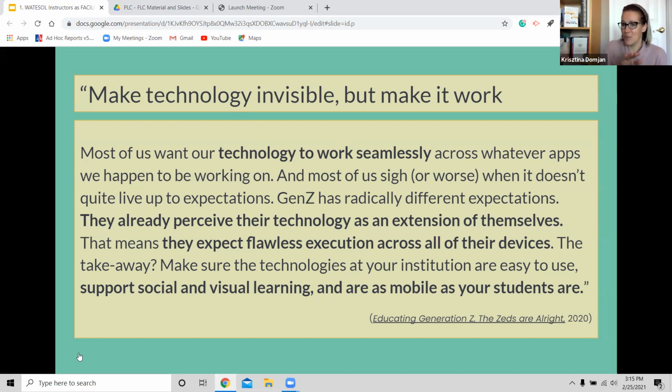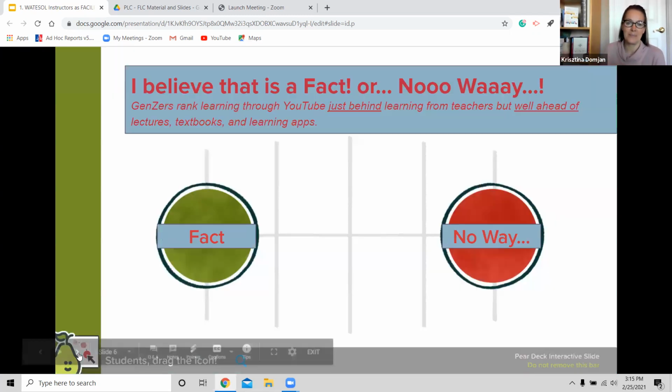And this is exactly what the research found as well. So they definitely are ready to learn and to use technology. They're more than willing and capable, but we have to make sure that tech works seamlessly.